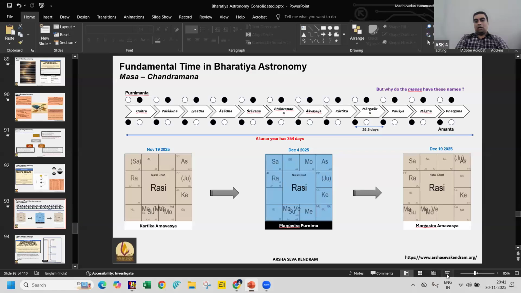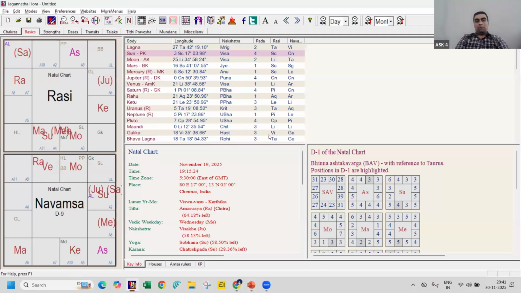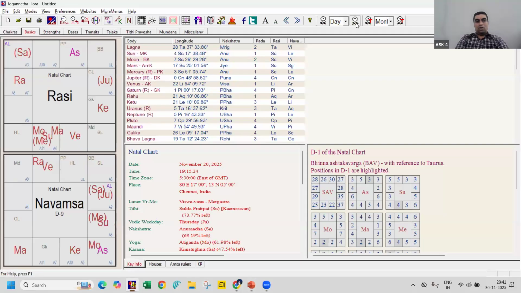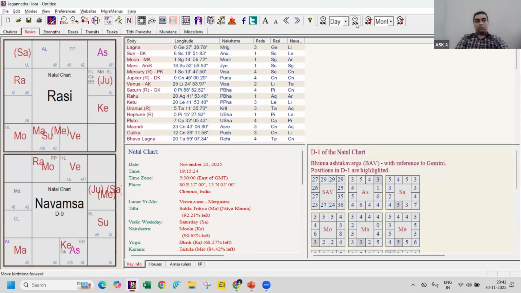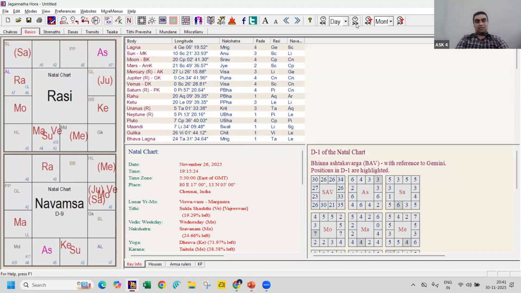So on Amavasya, the sun and the moon are close to each other, right? Now, if you look at the Margashirsha Purnima, which will happen on December 4th, 2025, in the coming week. What happens is, as the days progress, the moon keeps moving away from the sun, right? So the angular separation between the sun and the moon is increasing here, and hence the tithis are also progressing from Pratama, Dvitiya all the way till Saptami.